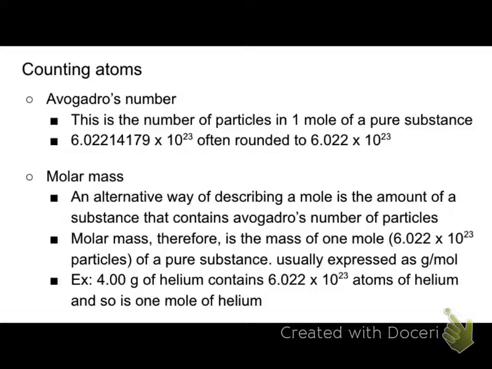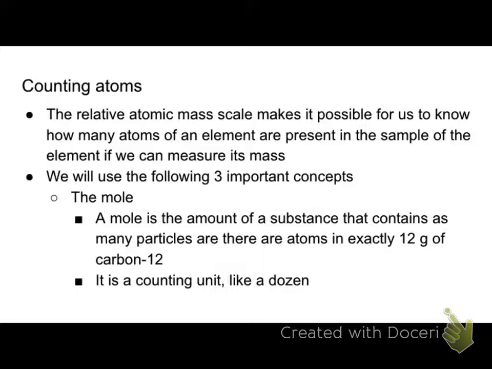When they determined how many particles should be in a mole, and this is from the previous slide, they decided that the number of particles in 1 mole should be the same as the number of particles of carbon in exactly 12 grams of carbon, which sounds like a weird number to pick, but there's a very specific reason.